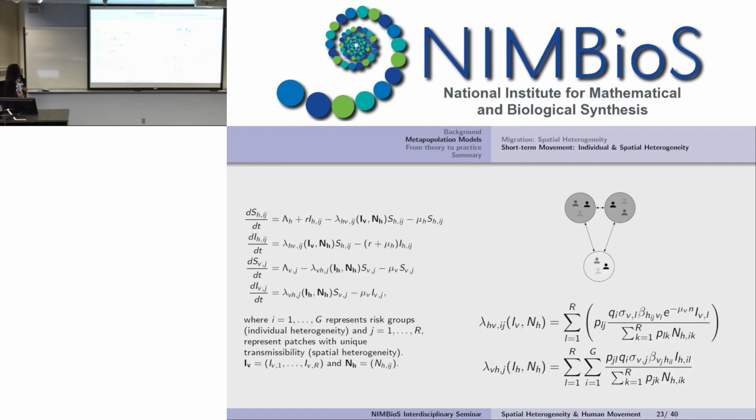So we can set up our system of equations in a similar way. Now we're keeping track of the number of individuals of a particular risk group in a particular patch. And instead of tacking on those migration terms at the end, because we're modeling short-term visits to other regions, we now incorporate that type of movement into the incidence term.